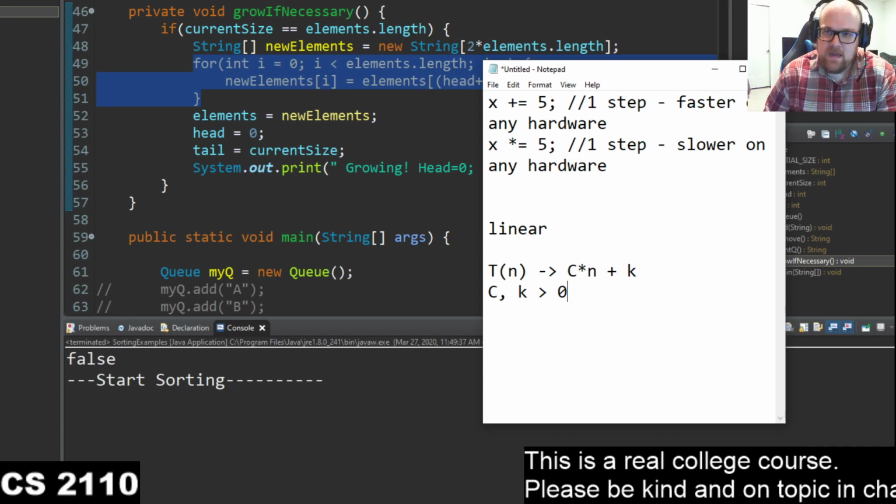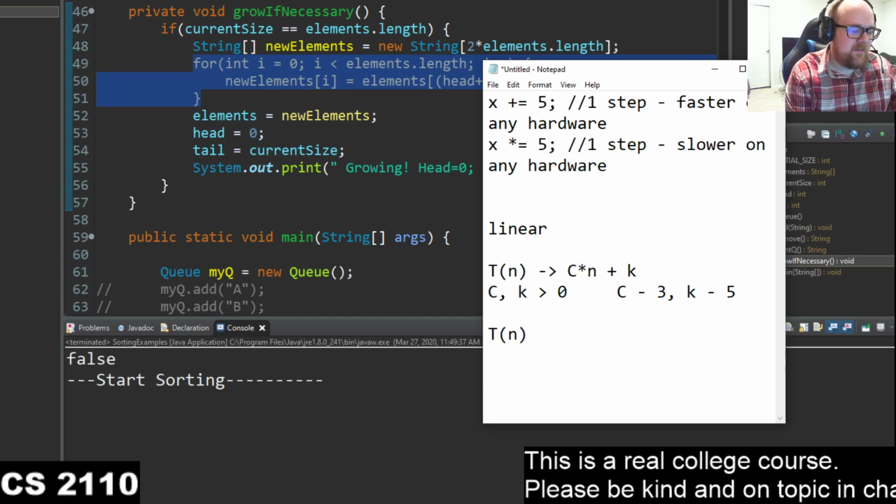What this means, though, is that this rate of growth is linear. Now, it doesn't mean it exactly doubles. Rather, it roughly doubles. For example, if c were 3 and k were 5, let's say hypothetically, t of 10 would be 30 plus 5, which is 35.